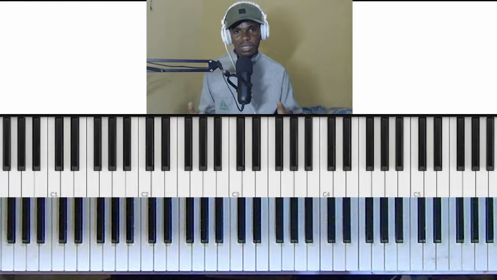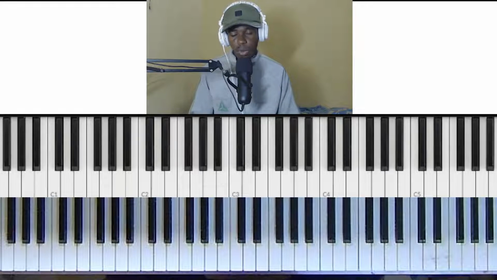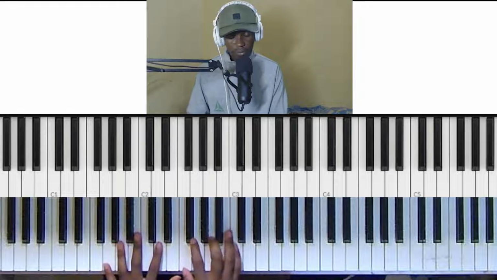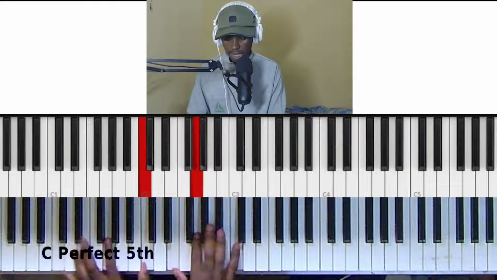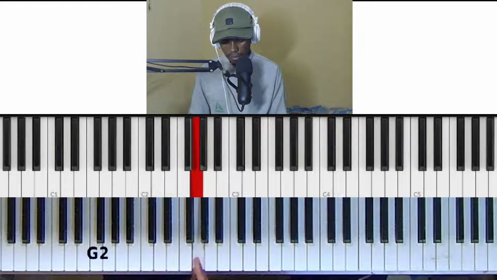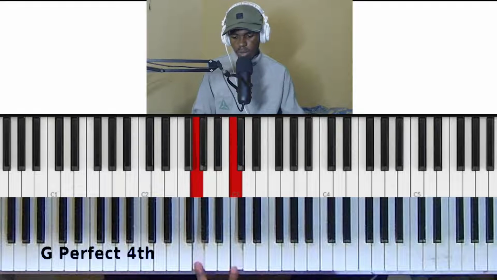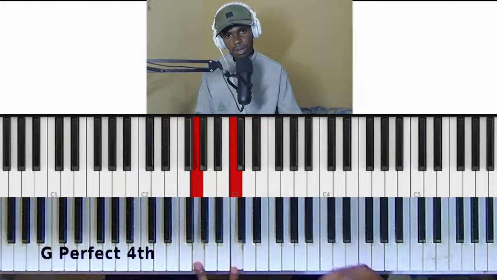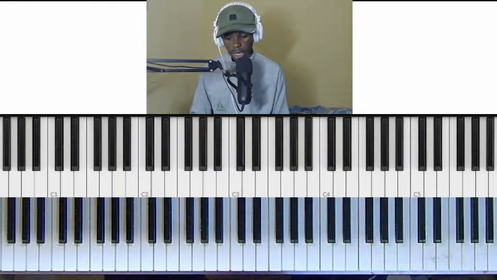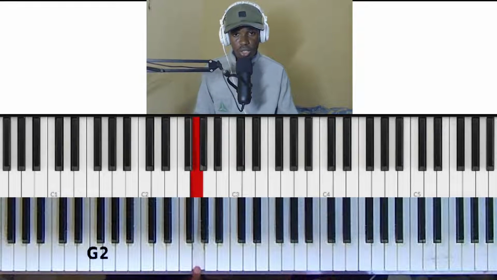Now here comes the interesting part, where we begin to add its recurring interval. Let's start off with the secondary dominant. We've established that it involves G going to C, the 5 going to the 1. The interval is a perfect fourth, so we are going to be adding this perfect fourth interval. That means we are going to approach G using the secondary dominant concept.